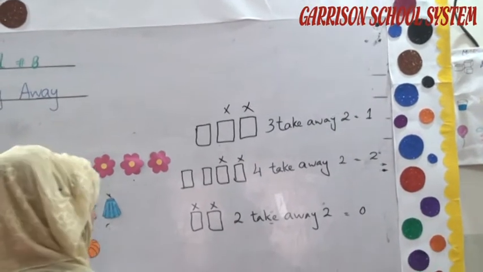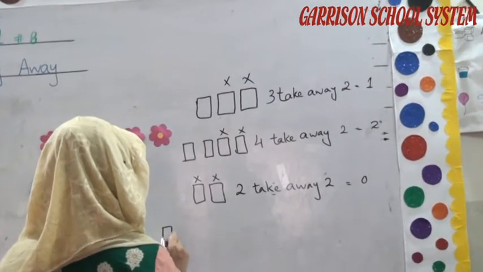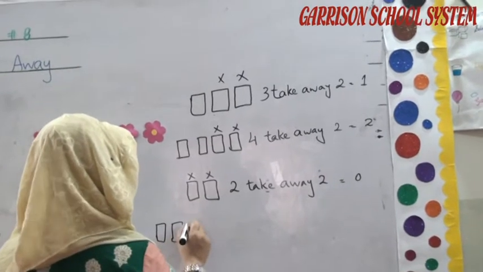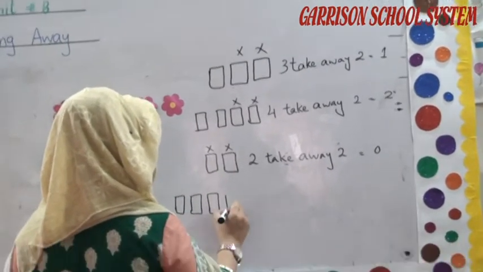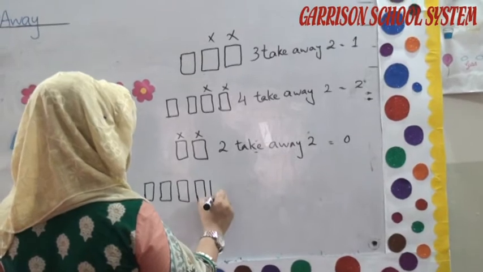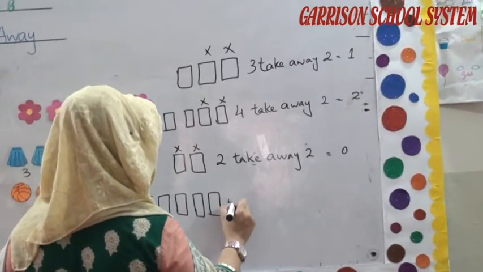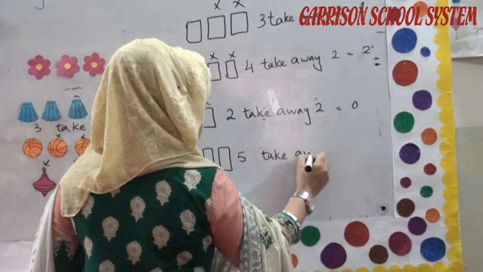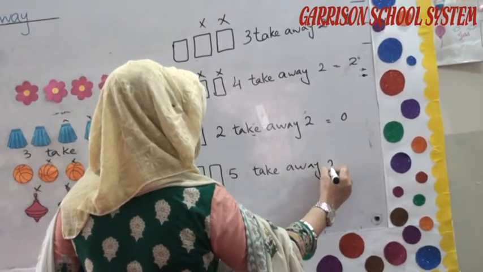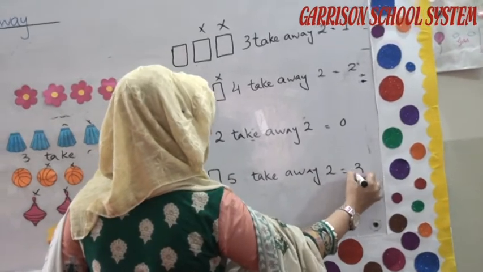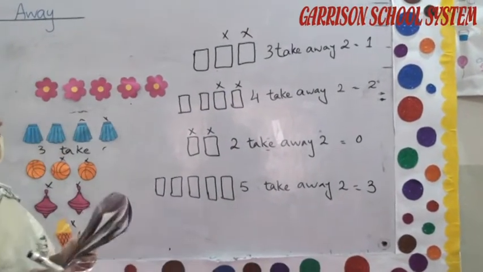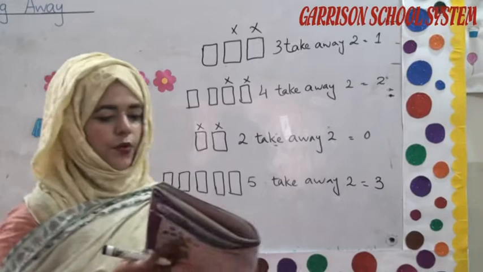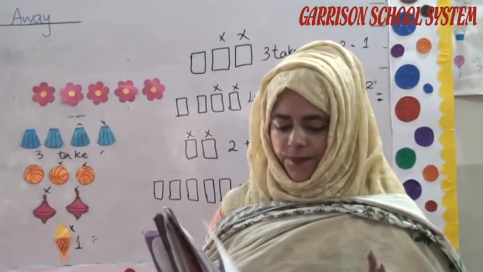And if you have 5, 1, 2, 3, 4, 5. If you have 5, take away 2. That means we are going to have 3. So this is how it goes. That is your page number 31.